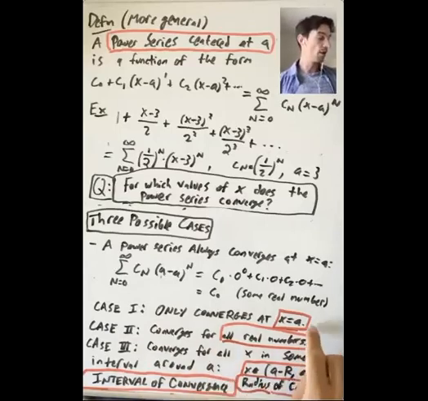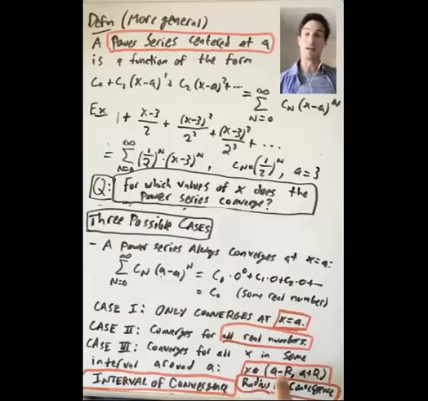Is it only at x equals a? Is it all real numbers? Or is it something in the middle? And if it's something in the middle, we're going to want to find this interval of convergence and radius of convergence. And then there's one other little subtle issue, which is we also want to know what happens at the endpoints of this interval, when x equals a minus r or a plus r, and we'll come to all of that when we do some examples.